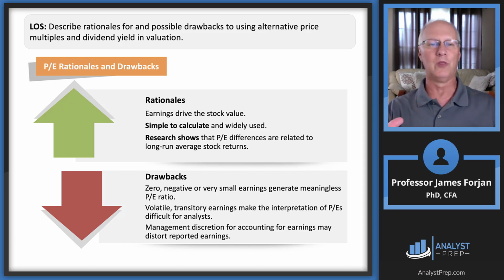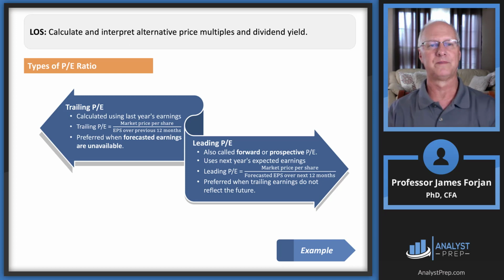And we were told that we really need to go and read all of what the management says about the financial statements. So look at that last one. Management's discretion for accounting may distort reported earnings because, of course, management has some type of an incentive to report higher earnings rather than lower earnings.